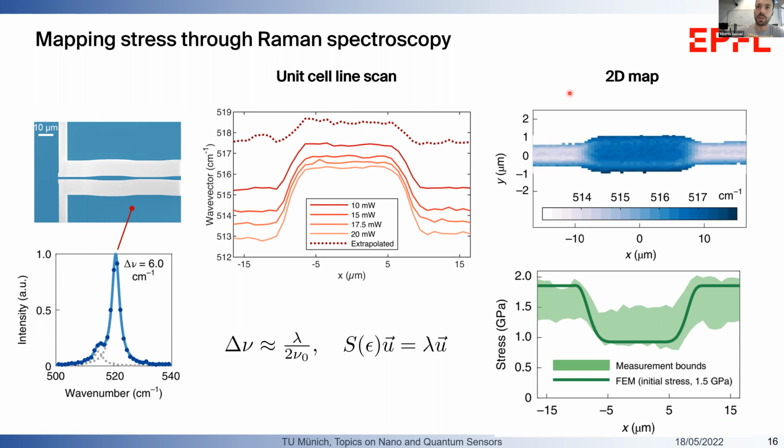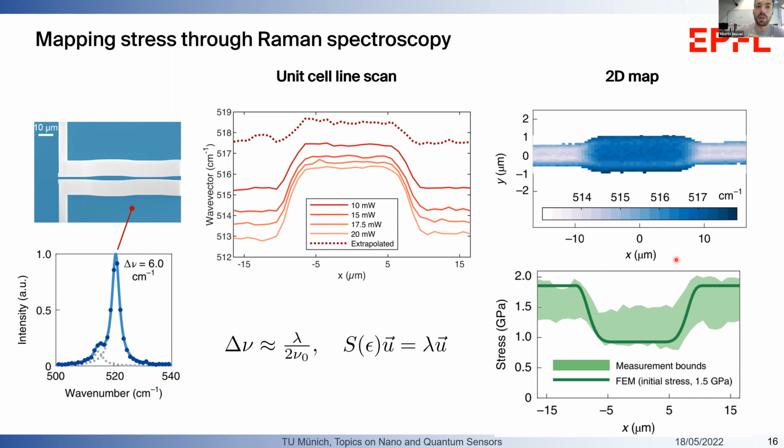So the thick parts of the unit cell will relax to lower stress, corresponding to a lower redshift. And the thin parts of the corrugation will correspond to a higher stress, which corresponds in turn to higher redshift magnitude or redshift frequencies.